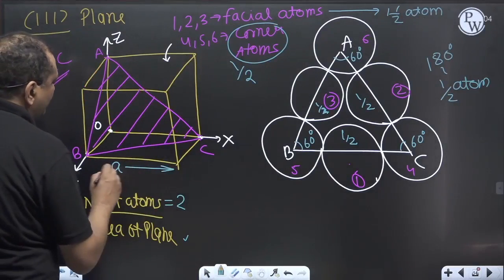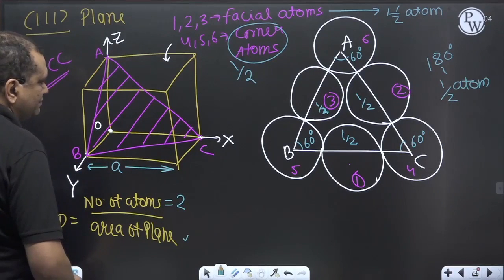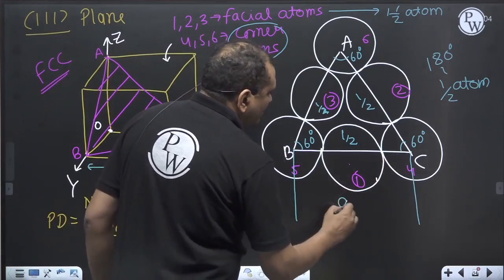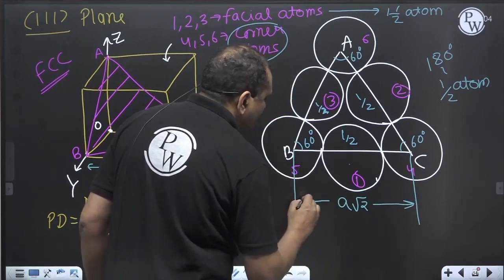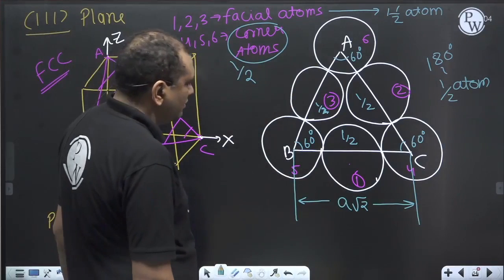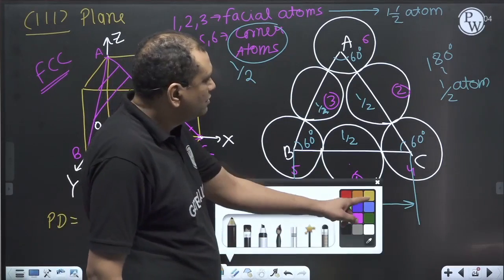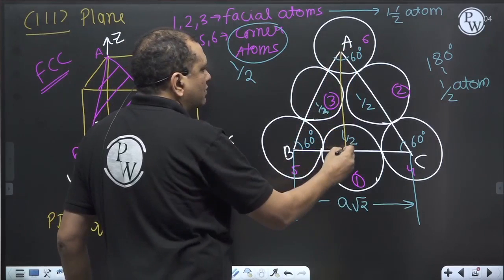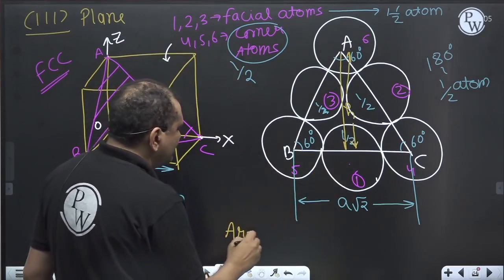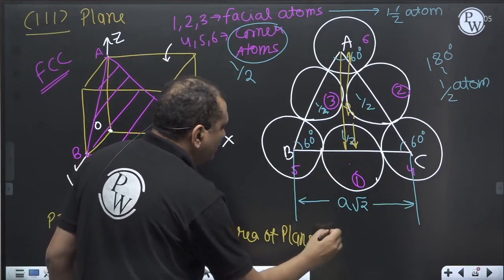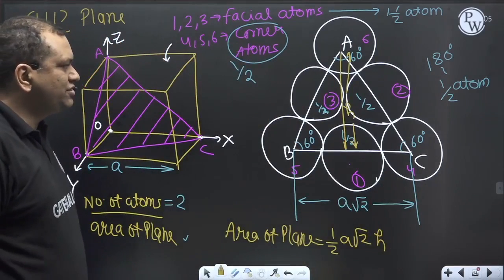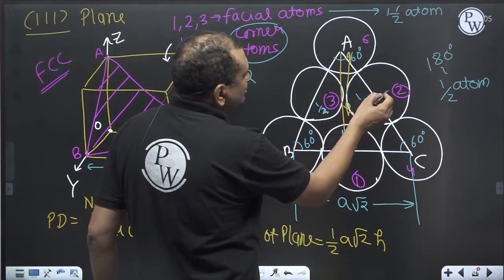So let us say A is the size of the unit cell. So this will be A root 2. This will be A root 2. Then let us say the height is H. So the area of the plane is 1/2 A root 2 into H. This will also be A root 2, na?